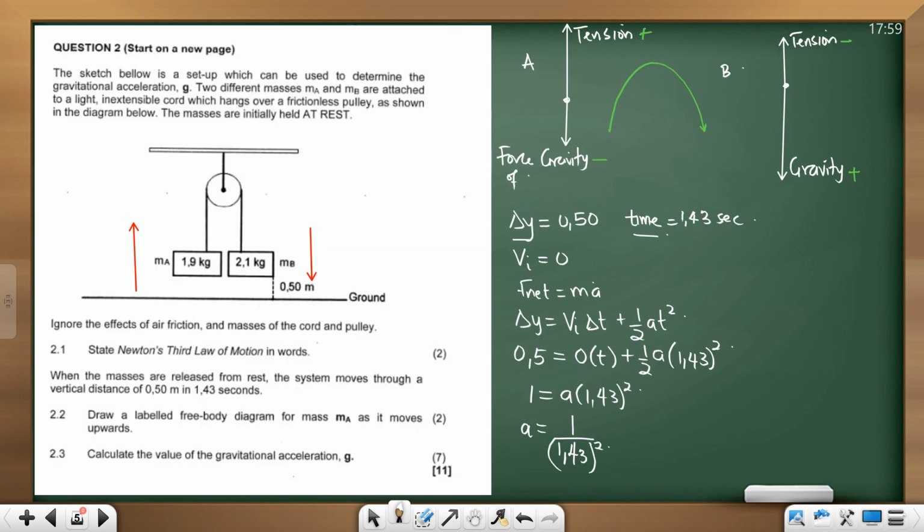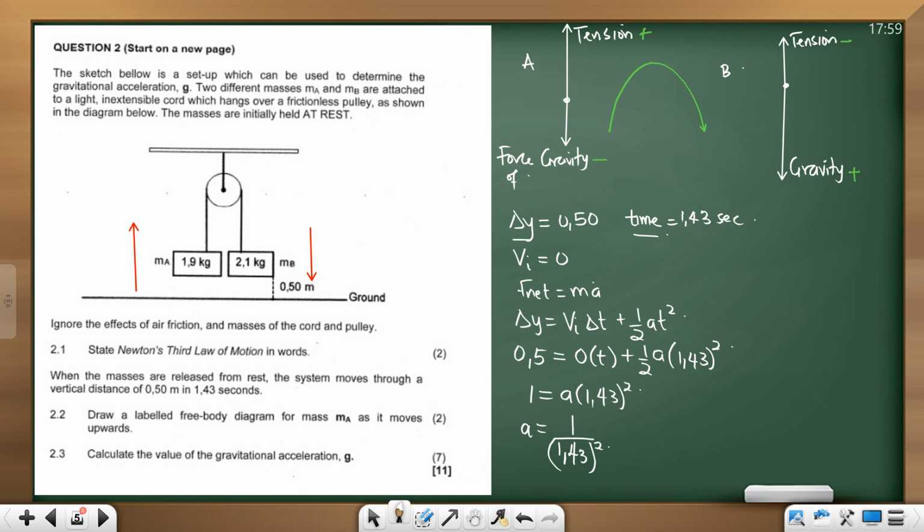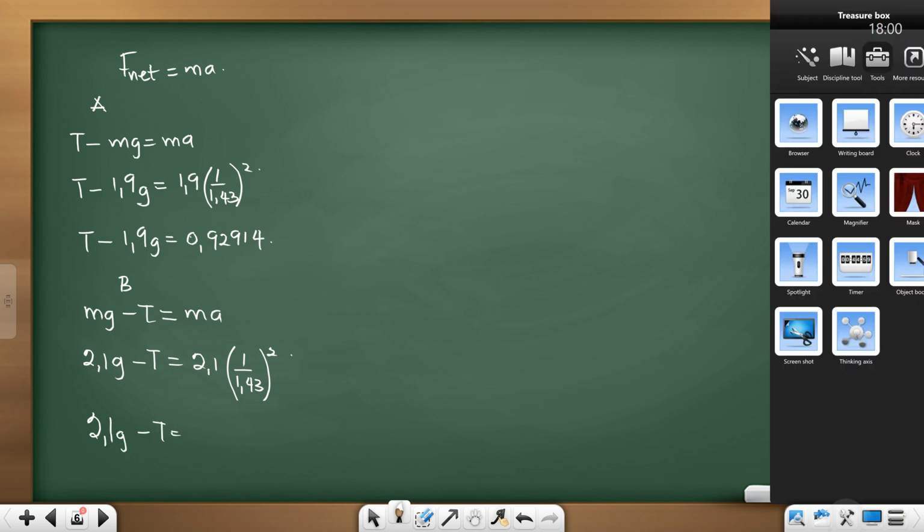Look at the diagram. Our gravity is positive this time around. All right, so what do we have? mg minus T equals to ma. What is the mass? 2,1. So 2,1 times g minus T equals to 2,1 times 1 over 1,43 all squared.